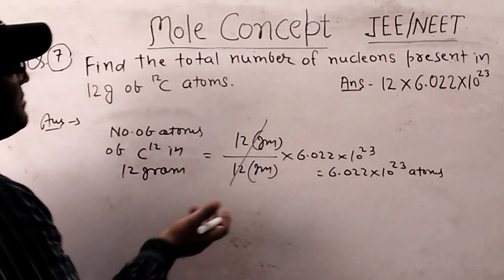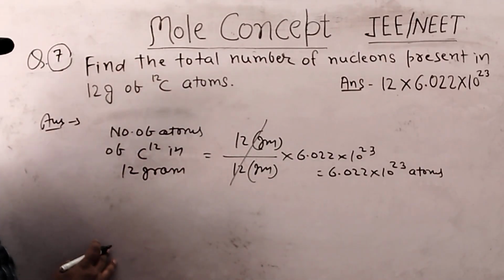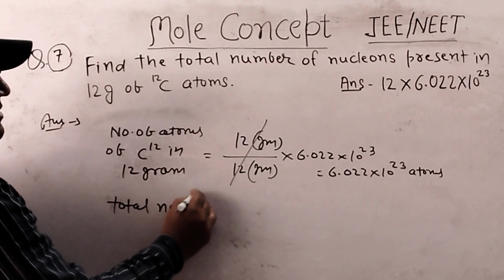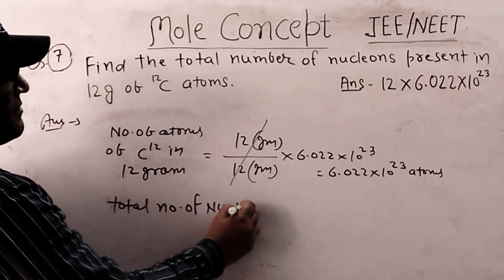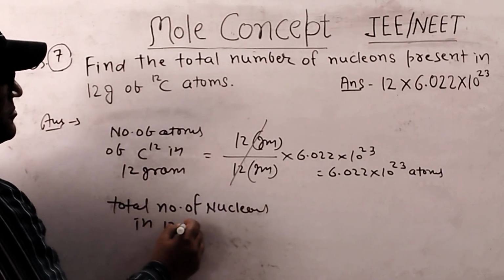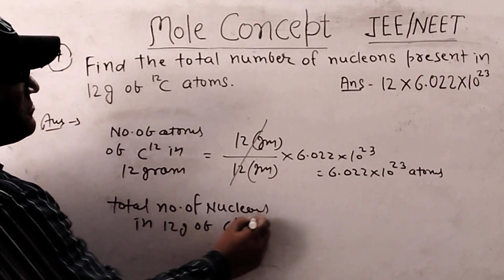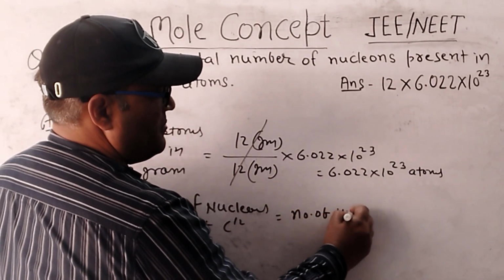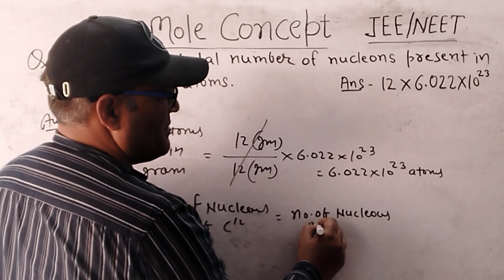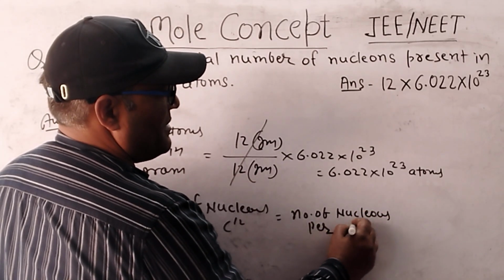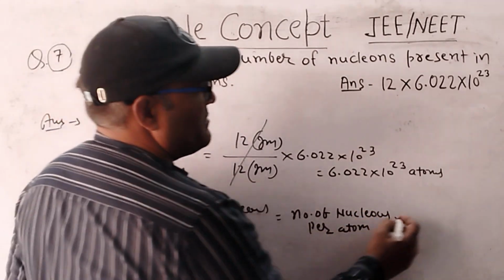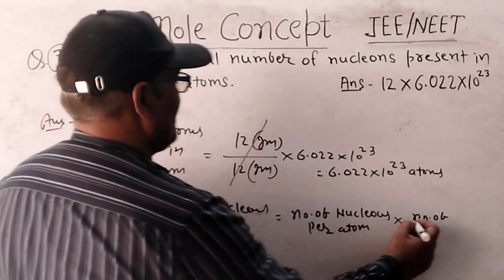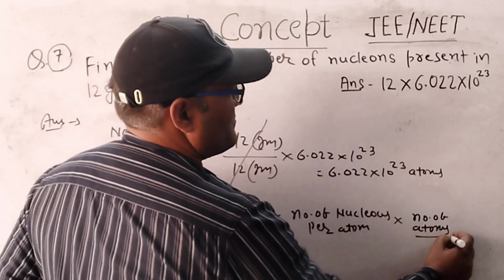So the number of nucleons is already equal to the mass number. So the number of nucleons is 12. Now the total number of nucleons in 12 gram of C12 is the number of nucleons per atom multiplied by the number of atoms.